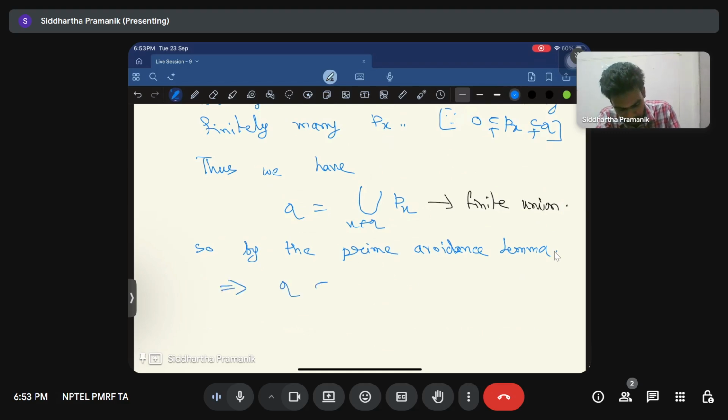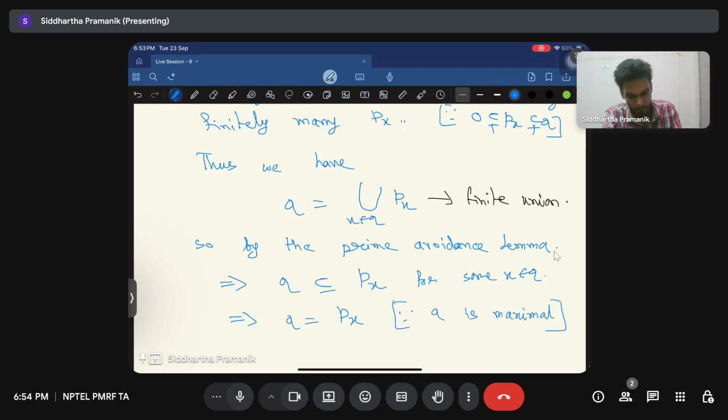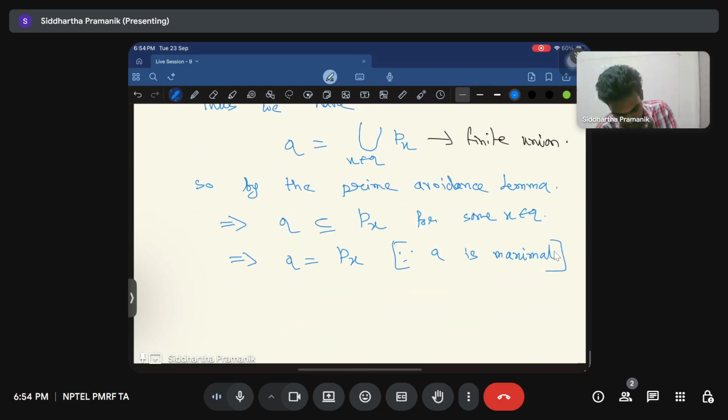So Q has to be contained in some Px for some x belonging to Q. But Q is maximal. So that will imply Q is equal to Px, because Q is maximal.